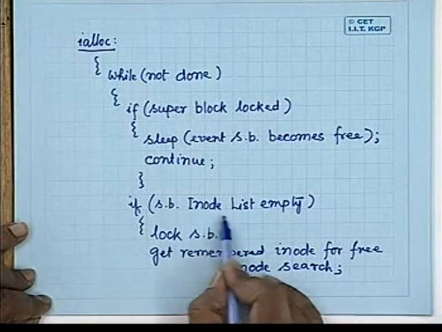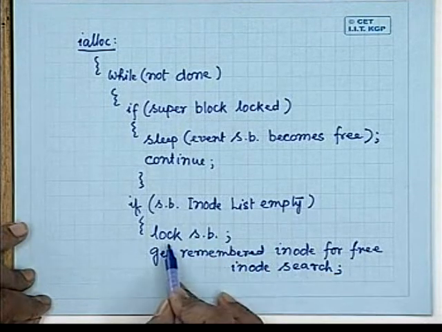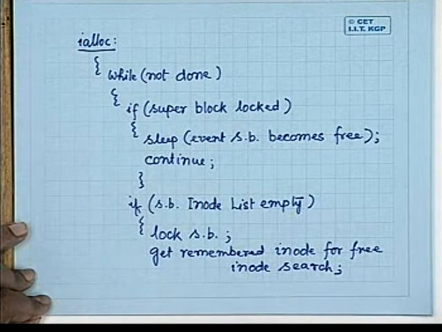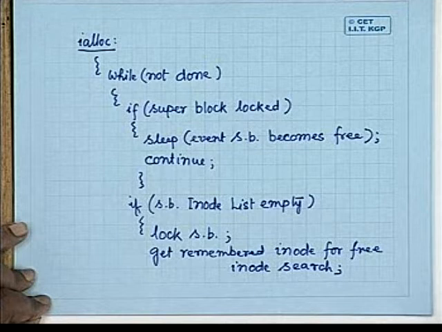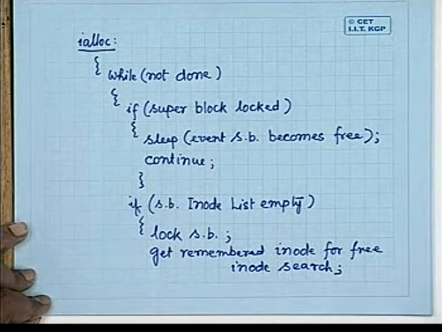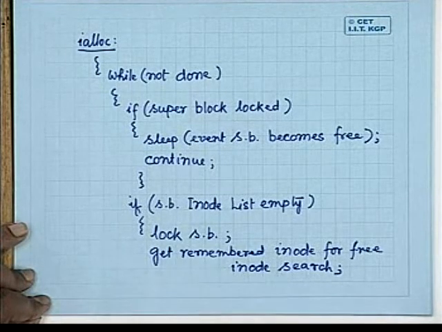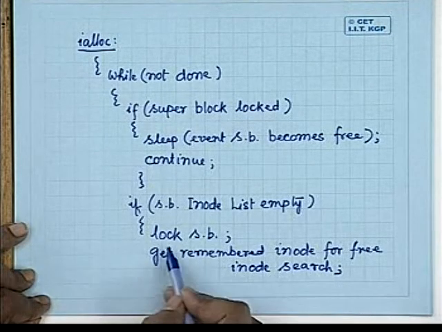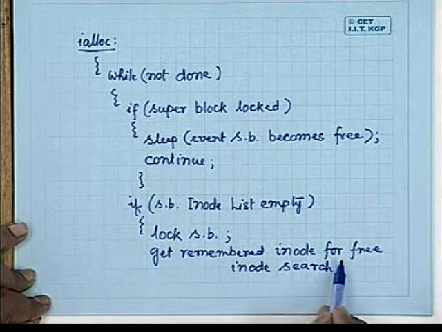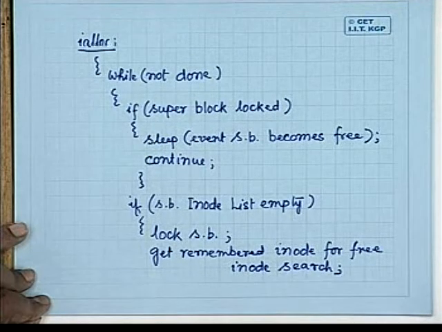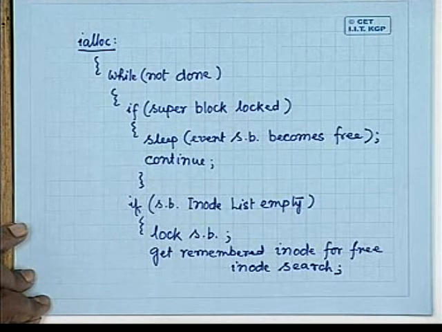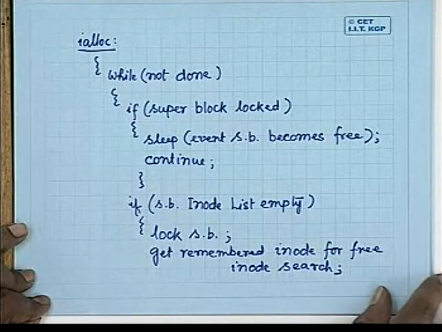Because you are copying a list of unallocated inode numbers into the superblock, that means you are working on the superblock. So the superblock has to be locked before you perform this task. So you lock the superblock, and get the remembered inode number for the free inode search, the point from where the search for unallocated inodes will begin.